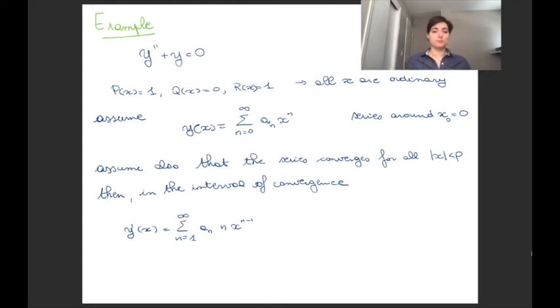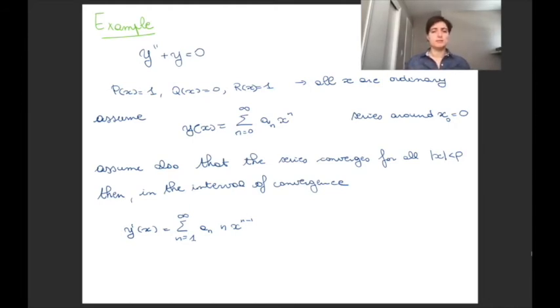If the series converges on an interval, on that interval, the derivative of y is equal to the sum of the derivatives of every single term. So we have that y prime, on the interval in which y is well defined because the series converges, is a sum from n going from 1 to infinity of n a_n x to the n minus 1.